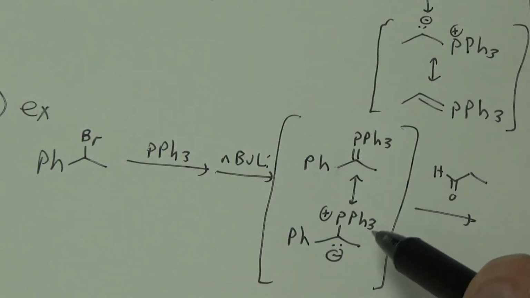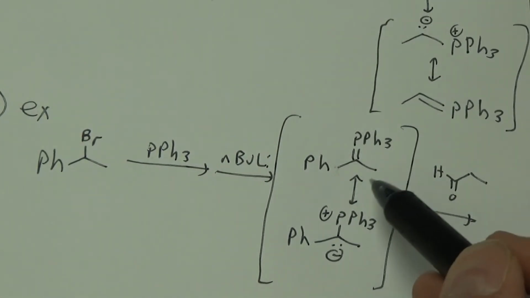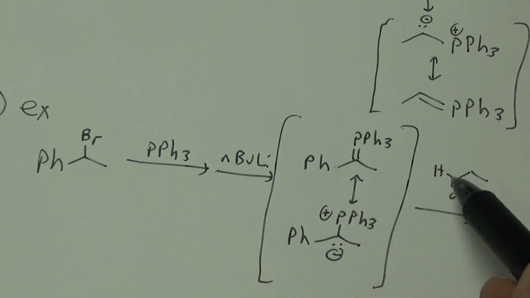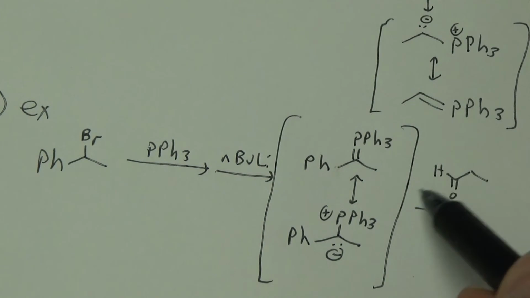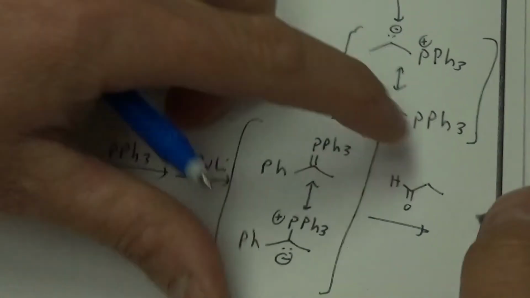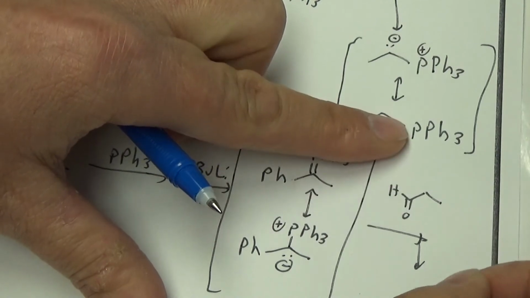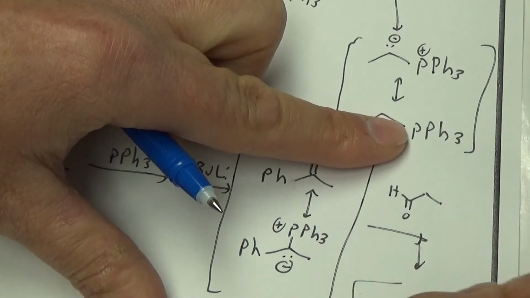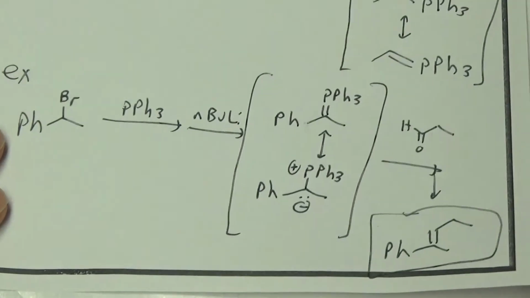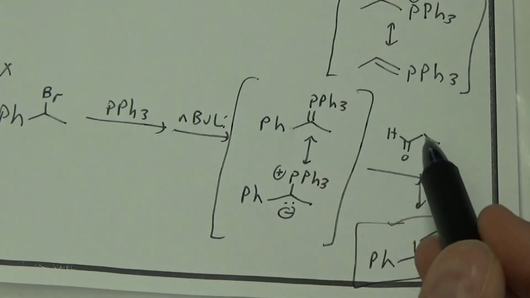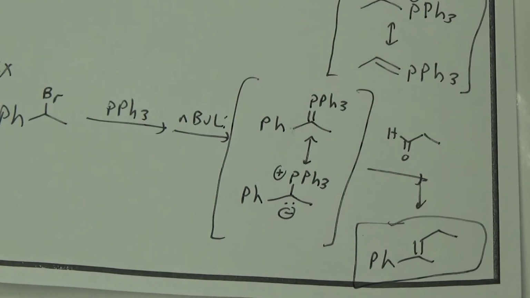And essentially what you're going to see is that the bottom part of the ylide is going to react with the top part of the aldehyde and just make an alkene. It's pretty straightforward. The product is that. Okay, so how does this react with that to make that? That's the next question. That's pretty easy.